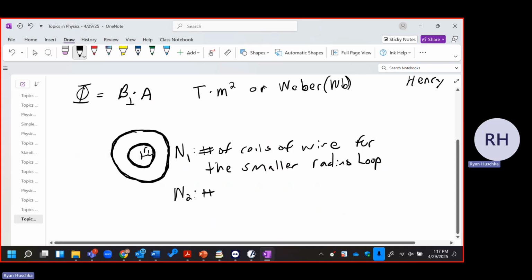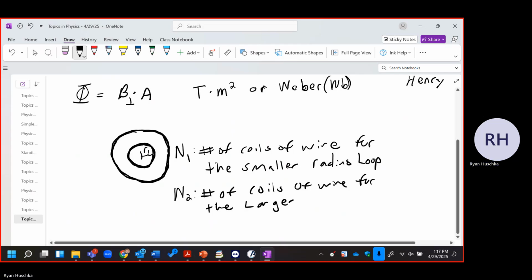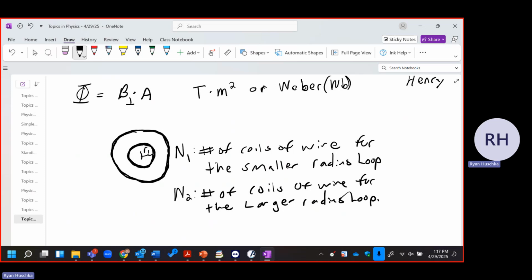We can say N2, the number of coils for the larger radius loop. Not great English, should be right. Larger loop, or like the loop with the larger radius. All right, we'll go larger radius loop. So in the center, we say like come out there to there. We can say that's maybe R2.